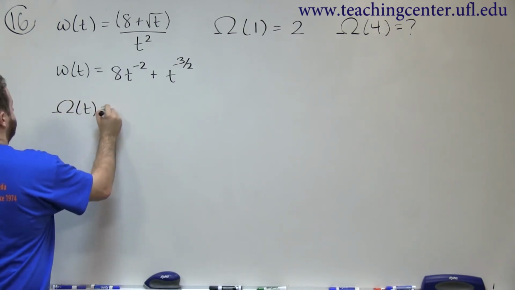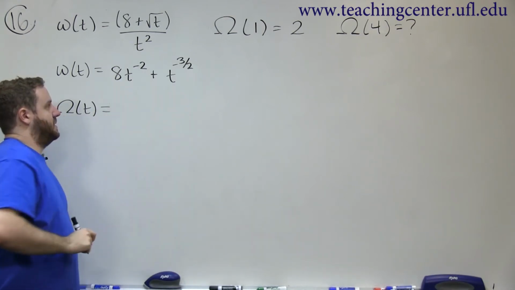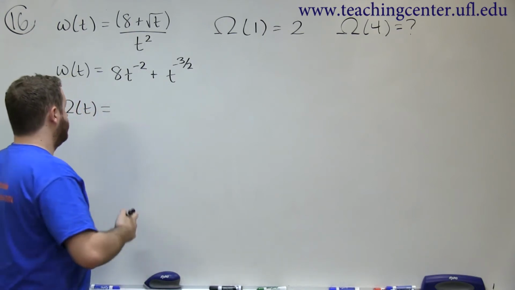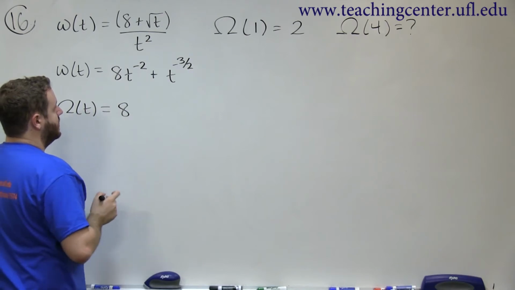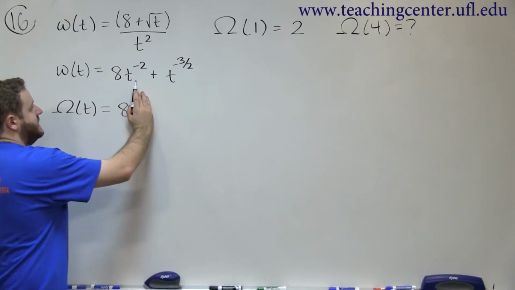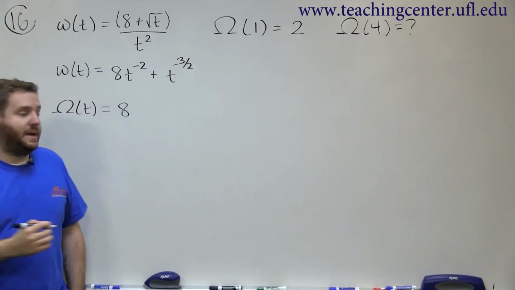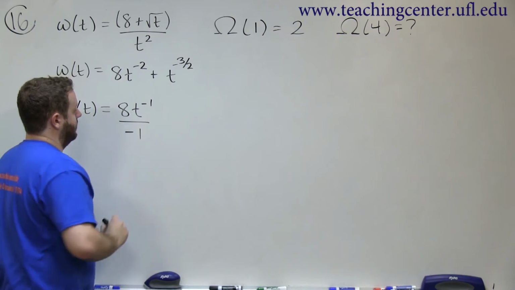Now we're ready to take the antiderivative. Capital omega of t is the antiderivative of this. We just use our power rule just like we have been in the past. The 8 would stay there because that's a constant. The antiderivative of t to the negative 2 would be add 1 to the power, so it would become t to the negative 1, and divide by that new power, negative 1.